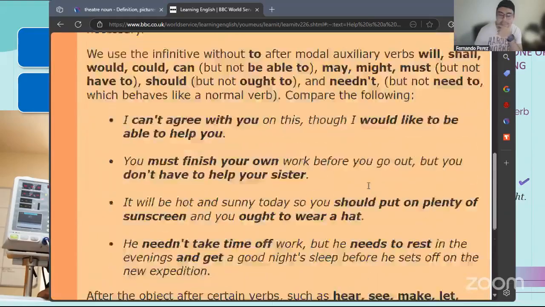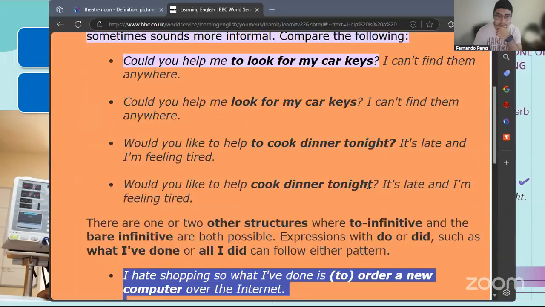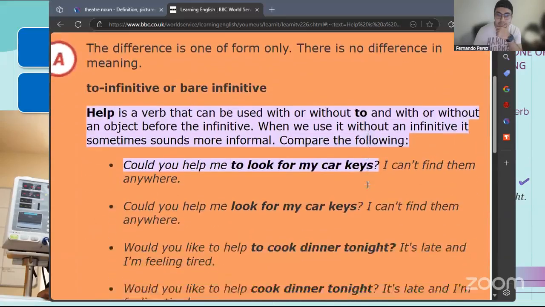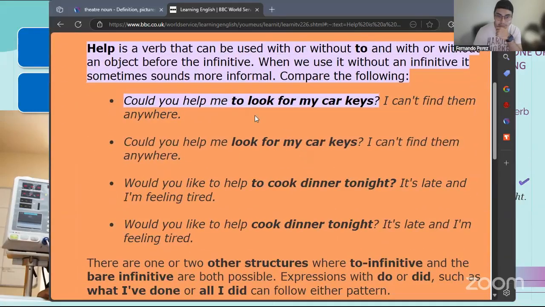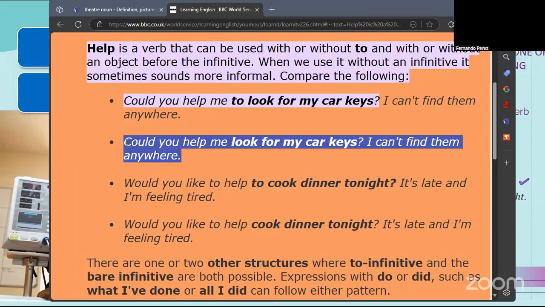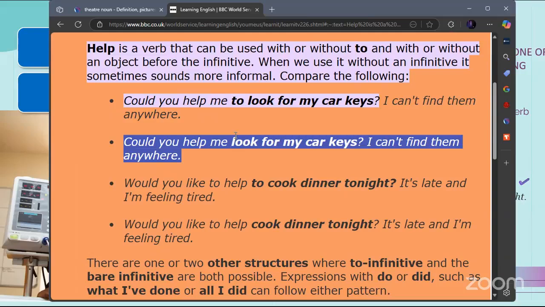No, the rest is pretty much the same. So here the issue is with the connector, with the verb help. That's the biggest issue. And you are going to sound more natural if you omit the connector to. Okay? Right?